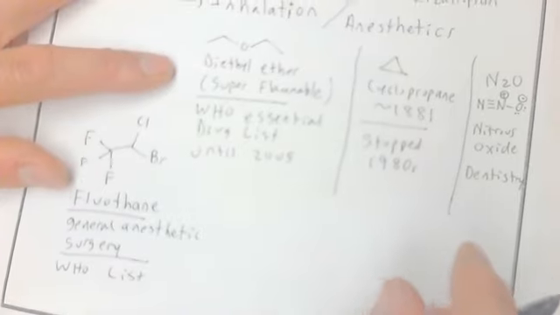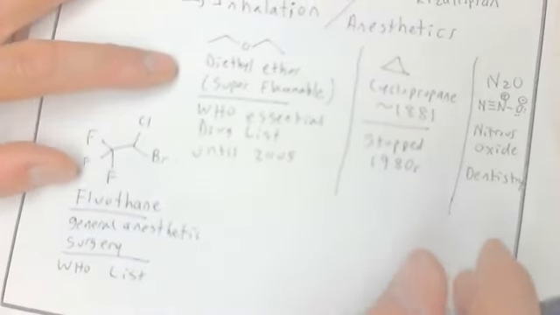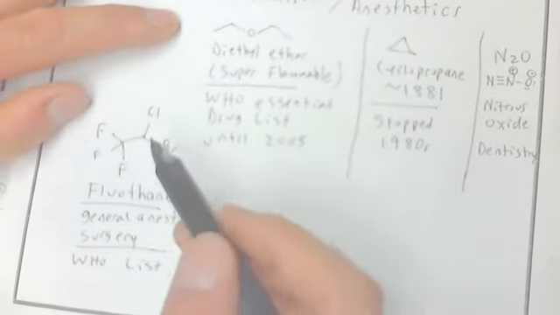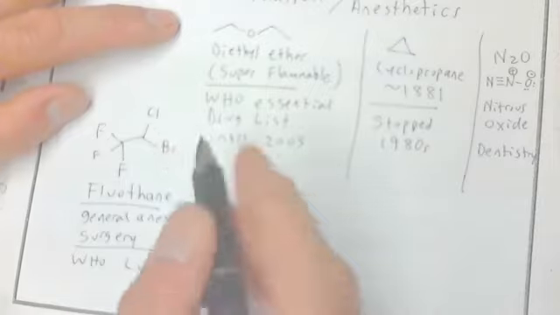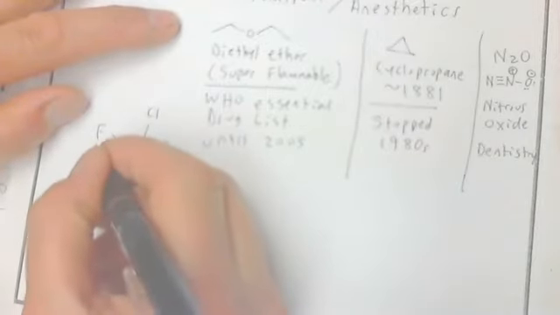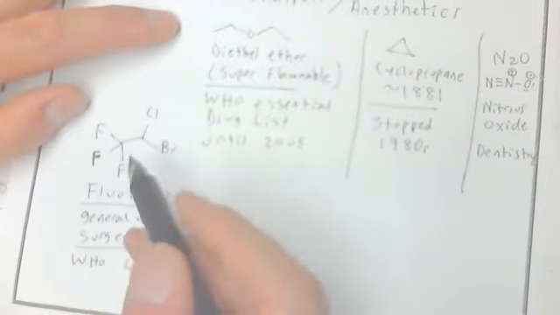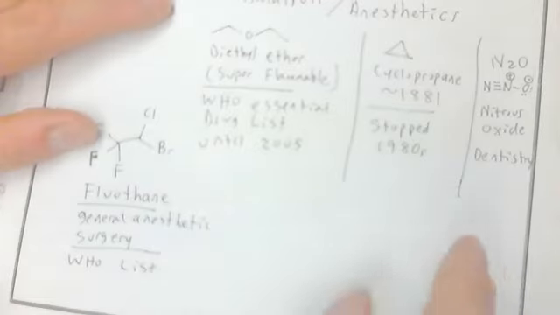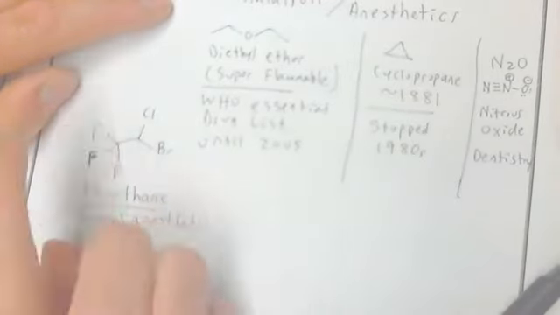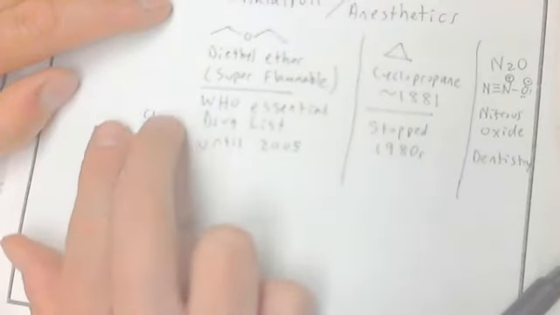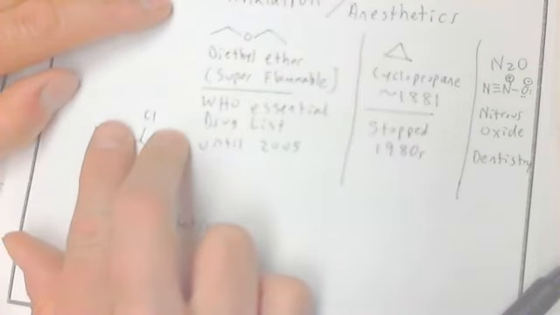Let's see. A problem with molecules that have halogens. Does anybody know any problems with them? Problems with halogenated molecules that may prevent their use, I guess. Imagine a molecule like this, or even chloromethane, which is CH3Cl. Anybody know anything maybe toxic about that?